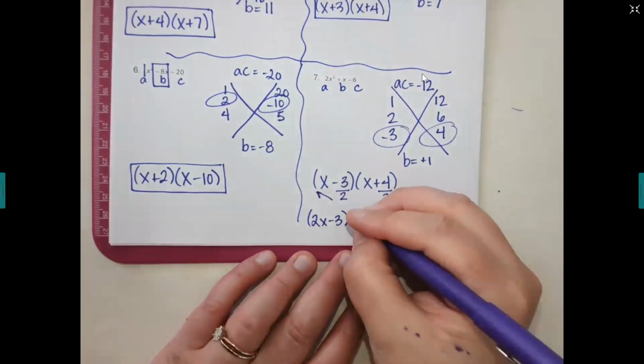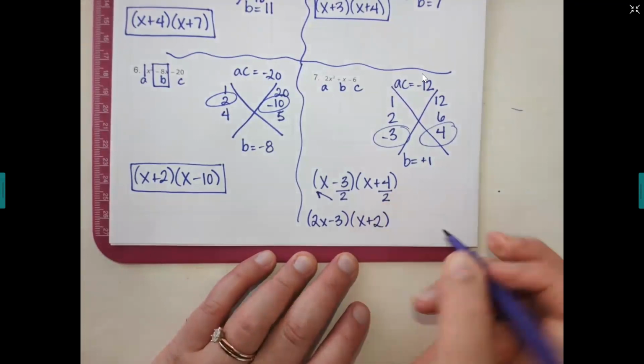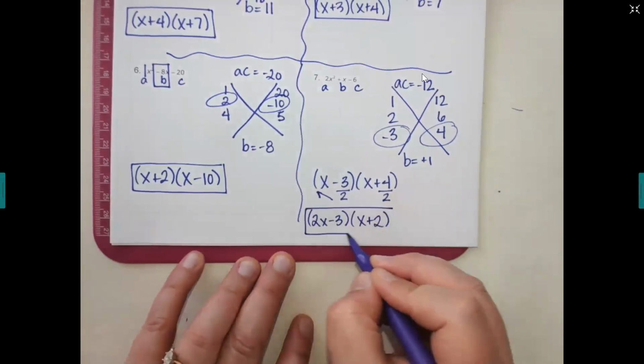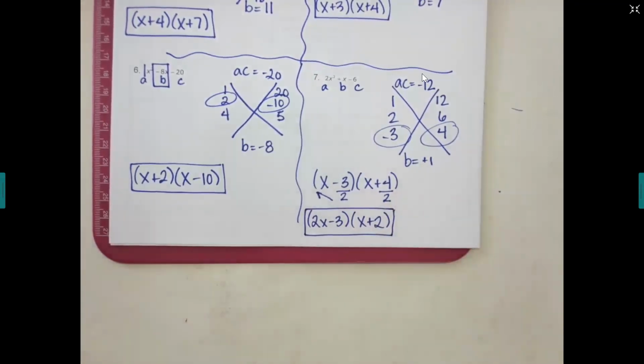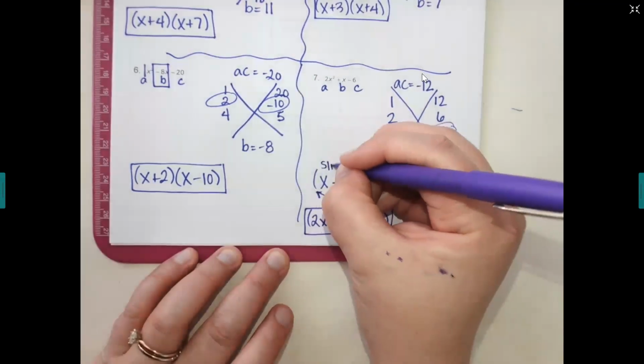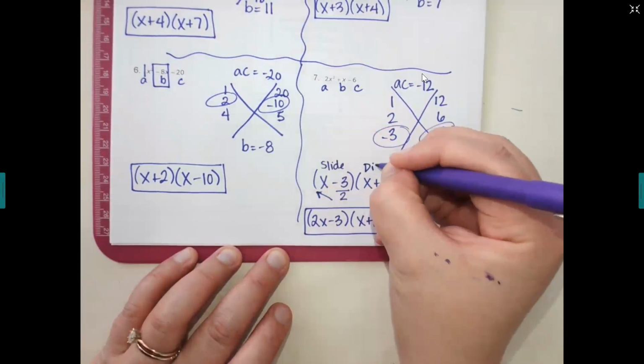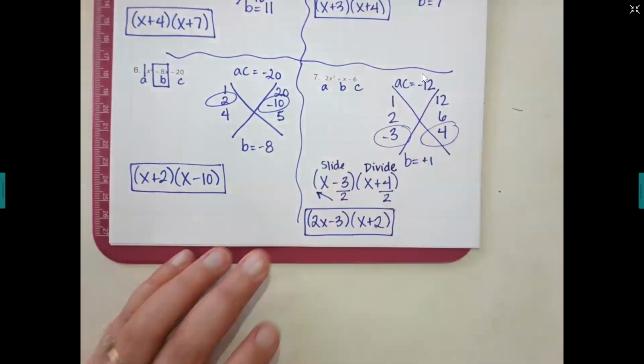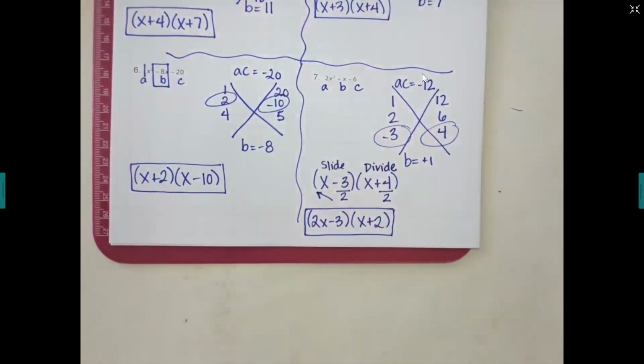Then that's going to be an X plus 2. Okay, so we're going to call that divide and slide, but you're doing one or the other. Okay, if it can't divide, we're going to slide it. Okay, versus my second parenthesis, since it was a 4, it could divide by 2, so we divided. Make sense? All right, turn the page.